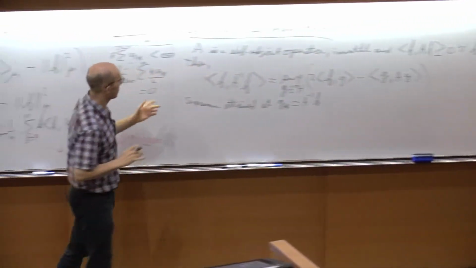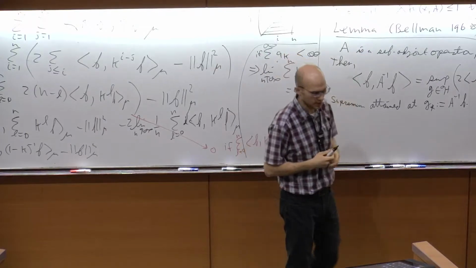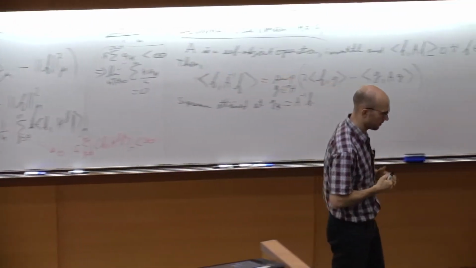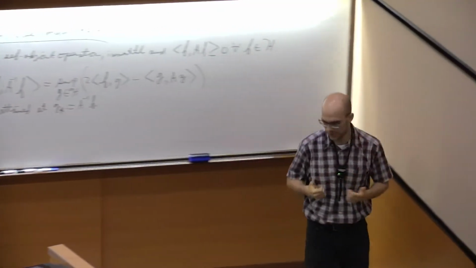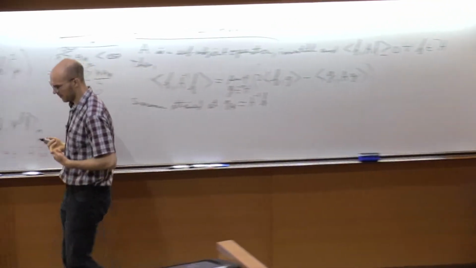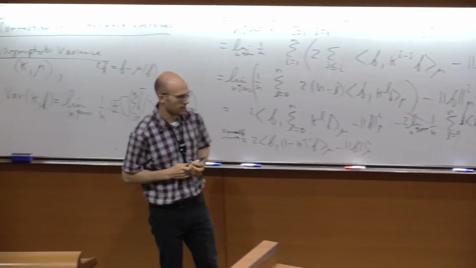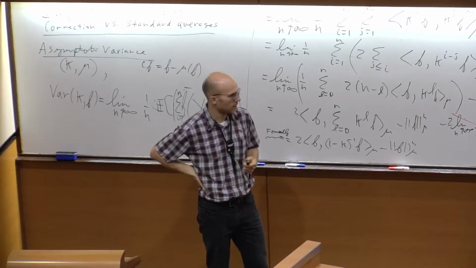So this is a very abstract result. The title of this paper was something about characterizations of inverses of matrices, and the first time it was discovered to be useful in the Monte Carlo context was in the 90s.